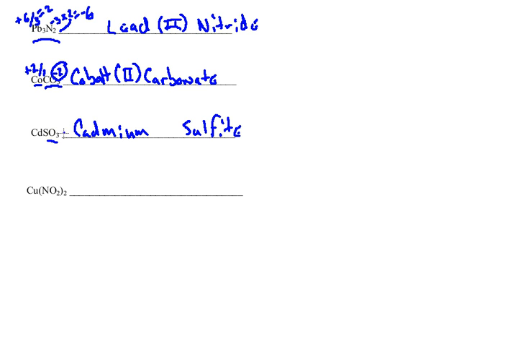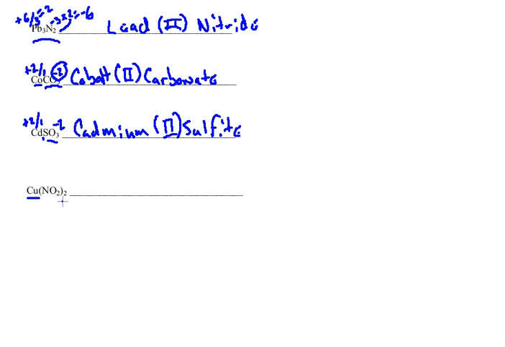Again, if there were multiple of these, we would put them in parentheses with the number of them that we have outside of the parentheses. So the charge on sulfite is -2. We look that up on our chart, and we would find that the opposite of -2 would have to be +2. And we only have 1 cadmium, so 2 divided by 1 just coincidentally happens to give us a Roman numeral 2 again.